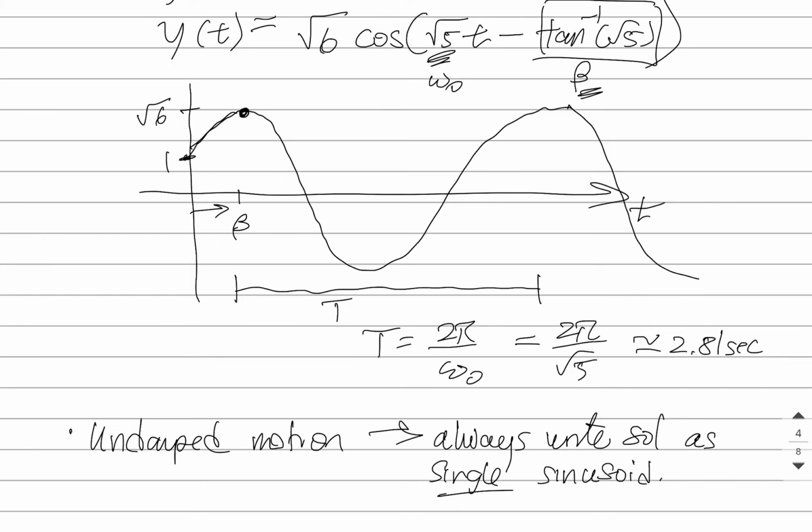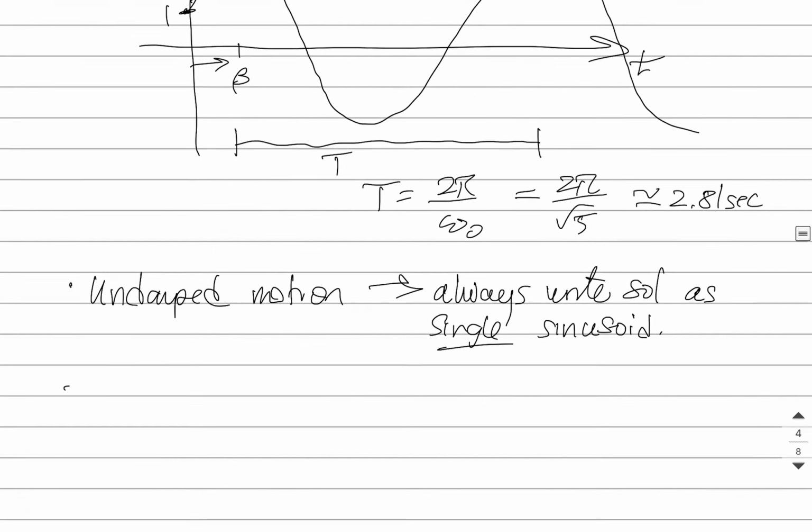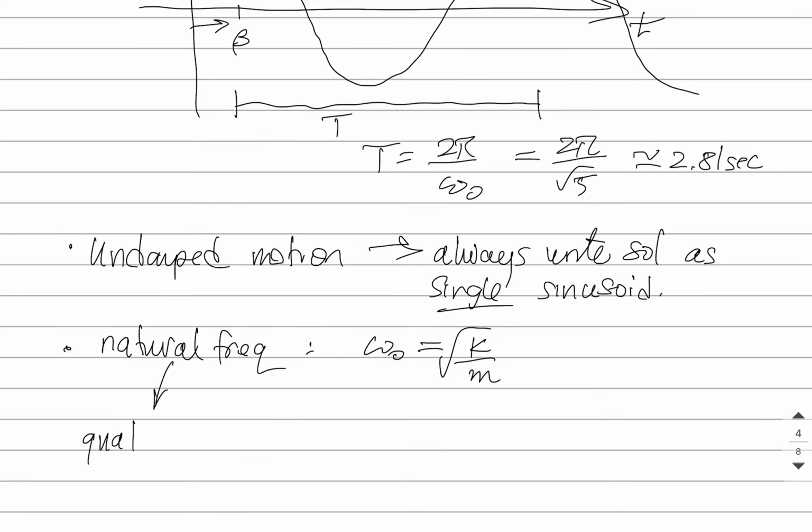The natural frequency of this thing is root K over M. And you can see that lots of different behavior happens, right? You can predict the behavior based on this frequency. So if the mass increases, if this bob gets heavier, the frequency will decrease and the period will increase.